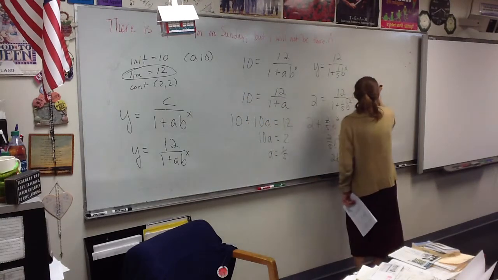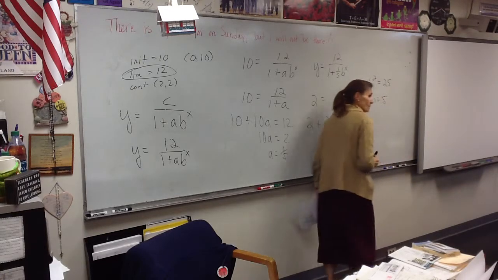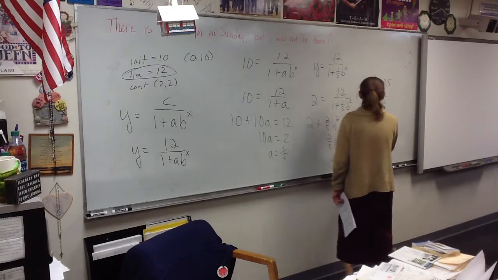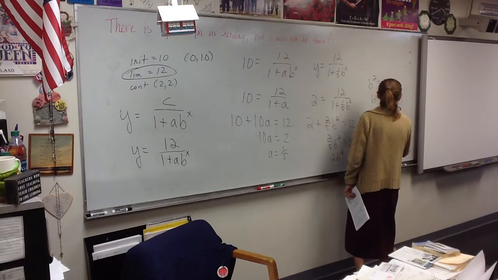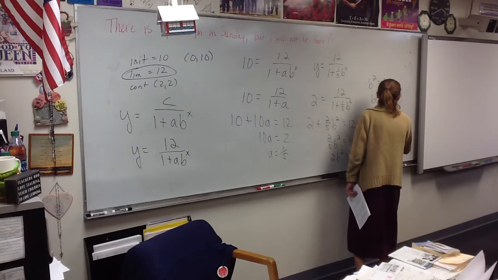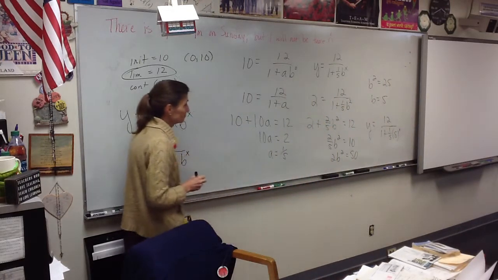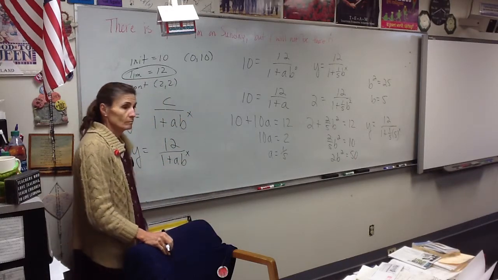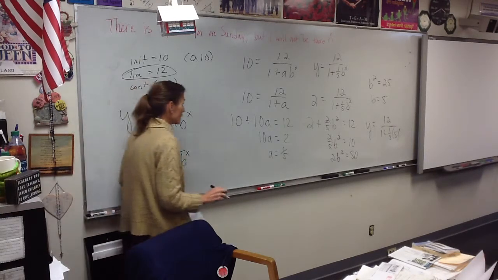So b squared equals 25 and b equals 5. So our equation is y equals 12 over 1 plus 1/5 times 5 to the x. A lot of steps there. Easy ones, but gotta be kind of organized.